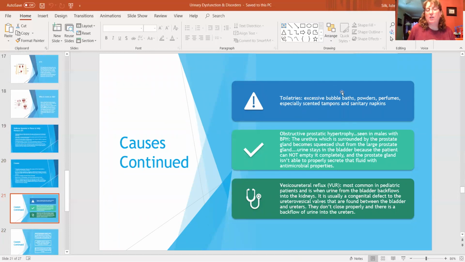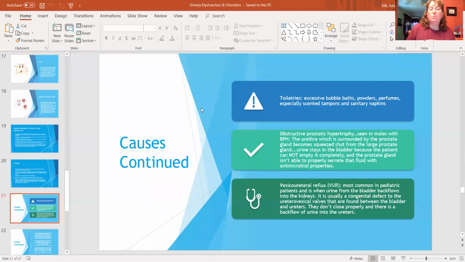Toiletries, if you do excessive bubble baths or perfumes or tampons and sanitary napkins, some of those things can cause it. Like if you leave in a tampon for too long, that can totally cause you to have a UTI. Obstructive prostatic hypertrophy or BPH. So the urethra is surrounded by the prostate gland, and if the prostate gland becomes too swollen, it can close off that opening to the urethra, and it can cause them to retain urine and end up with a UTI.